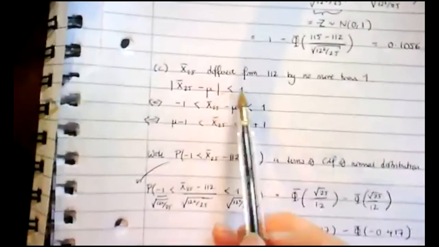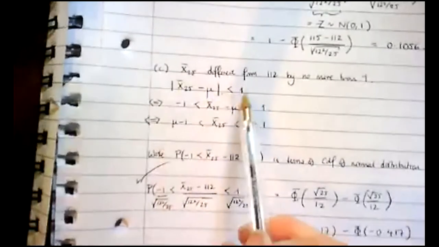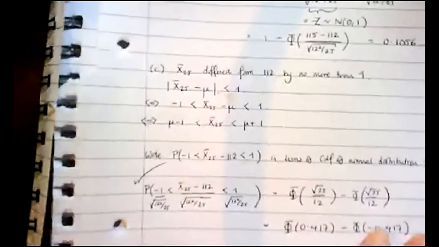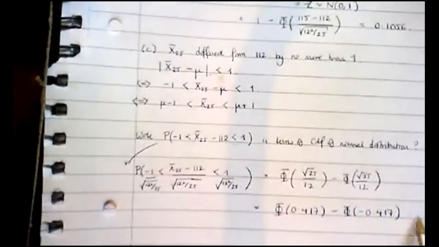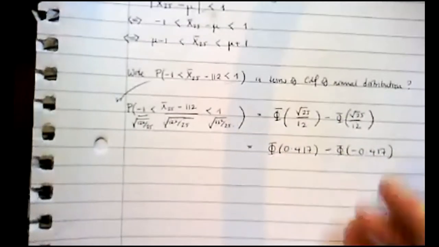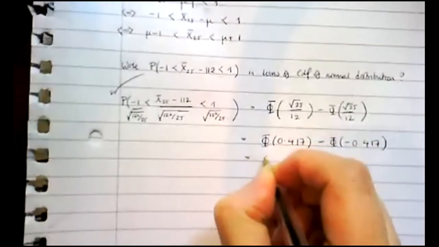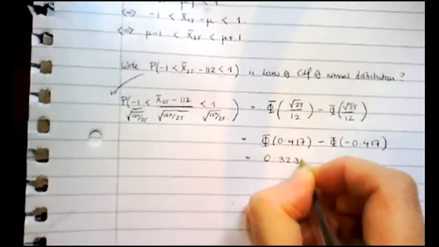So when we've got an interval like this and we're saying a deviation, so the absolute value is less than a certain value, I'm always going to end up with a number here and the negative of whatever is in the first one in the second one. So it's a little bit like a sense check for yourself. It's like, oh, have I screwed something up with the standardizing? Hopefully not if you've got some symmetry in this expression. Yeah? And then if I look those up, I should be getting 0.3234.